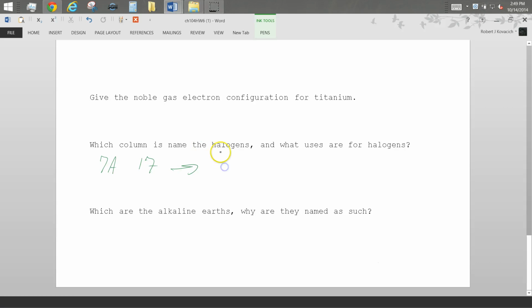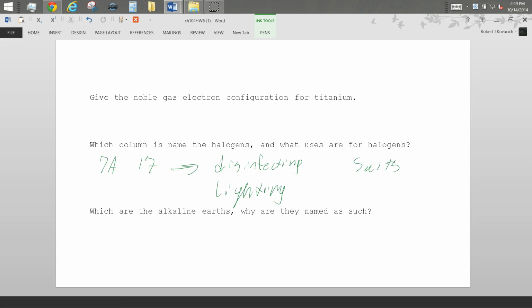Disinfection? Yep. Lighting. Disinfectant, lighting, and salts.